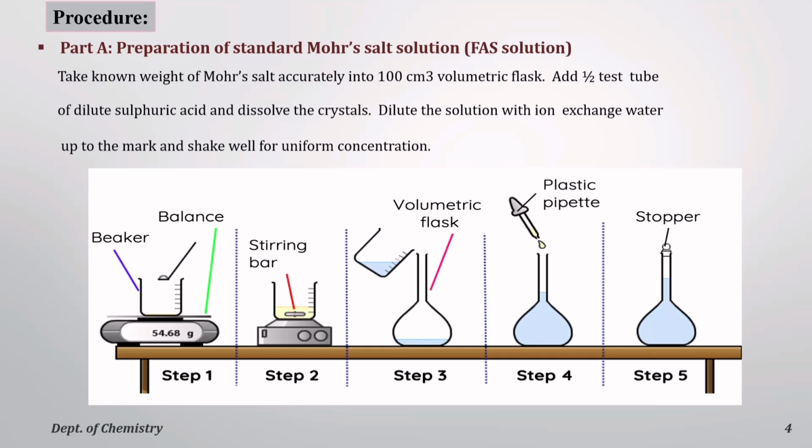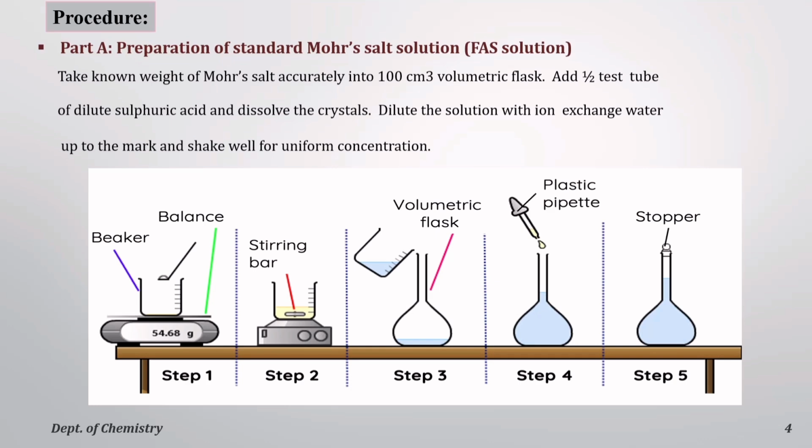So this is the procedure. Part A, the first part, involves preparation of standard Mohr's salt solution, or FAS solution. First we have to take an empty beaker. In that, take a sufficient known amount of FAS and dissolve the salt into a 100 ml volumetric flask.